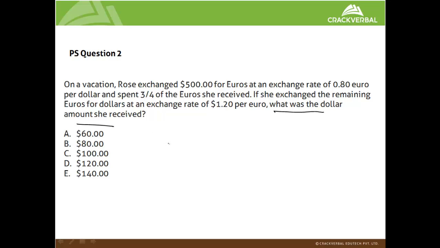She is converting those euros at a rate of $1.2 per euro and getting the total amount in dollars. So 1 euro is equivalent to $1.2. Now she has some X number of euros and she is converting them to dollars, so multiplying by 1.2 will get you the total amount she will get in dollars. Now let's see how to use the answer choices.